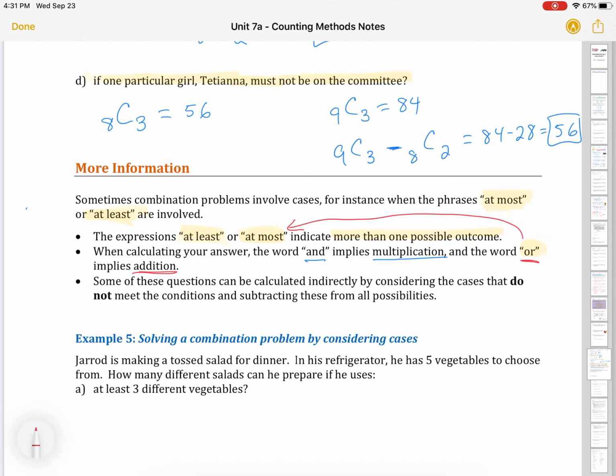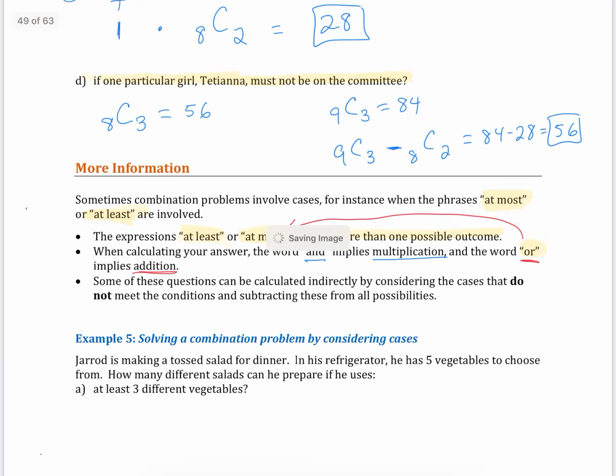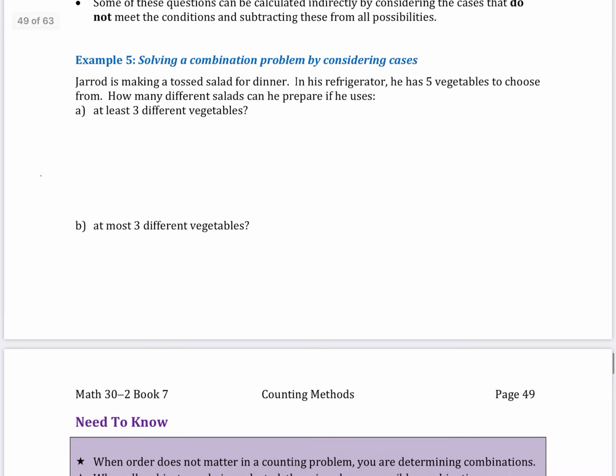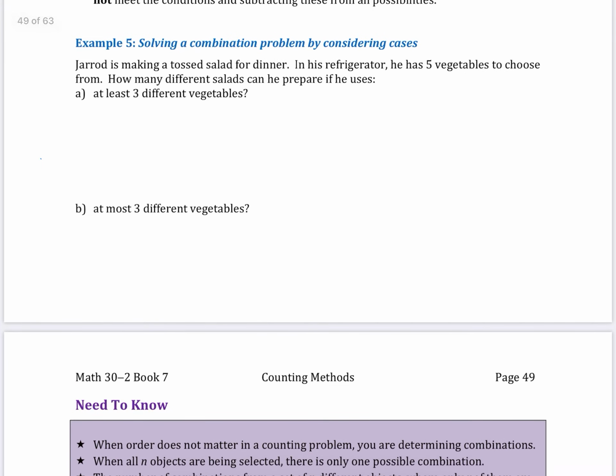Now, some of these questions can be calculated indirectly by considering the cases that do not meet the conditions and subtracting that from all possibilities. That's what we did with Tatiana's situation. So instead of doing a new calculation for that combination, you can say, okay, I can't figure this out, but I know what does fit that restriction, so I'm just going to subtract it to get those that don't. Okay. Let's do more examples.